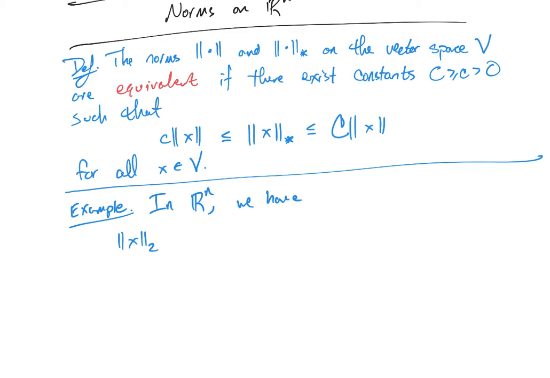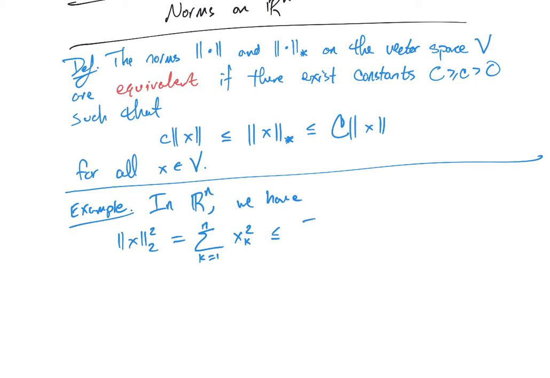Let's look at the 2 norm, but as is common, instead of looking at the 2 norm, we want to look at it squared. Well, that's just the sum of the coordinates all squared. The sum of squares is less than or equal to the square of the sum of the absolute values.